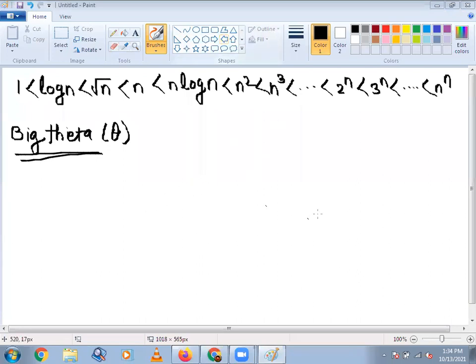As we have seen, the big O symbol is O, it is upper bound.